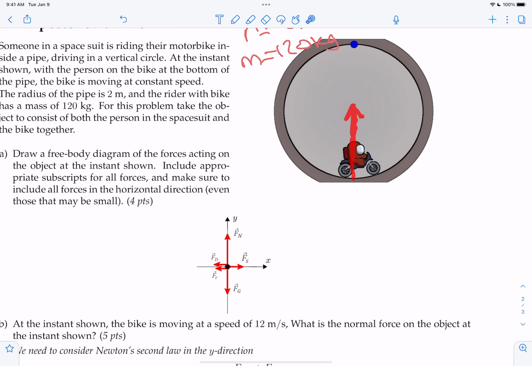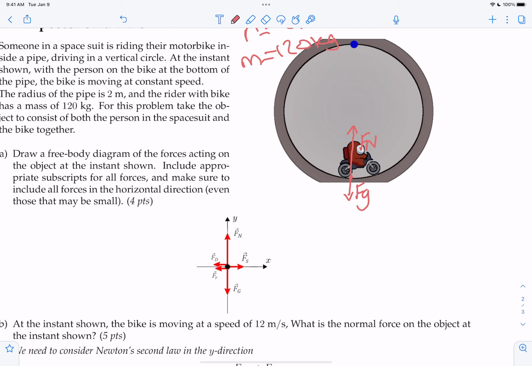Our net force, our centripetal acceleration, is pointed towards the center of the circle. So it's pointed along the positive y-axis, right? That means that our net force, our centripetal force, therefore has to be positive, right? So that means the forces along the positive y-axis have to overwhelm or be greater than those on the negative y-axis, right? So Fn, therefore, has to be actually greater than Fg.